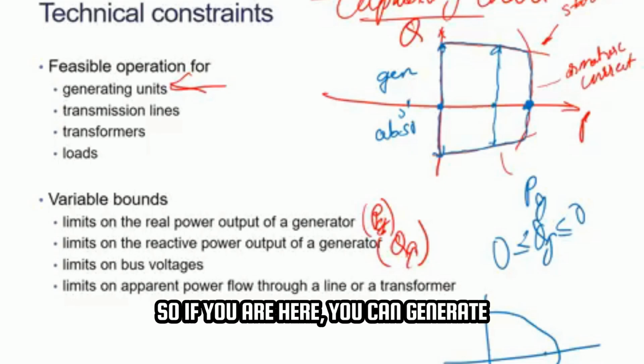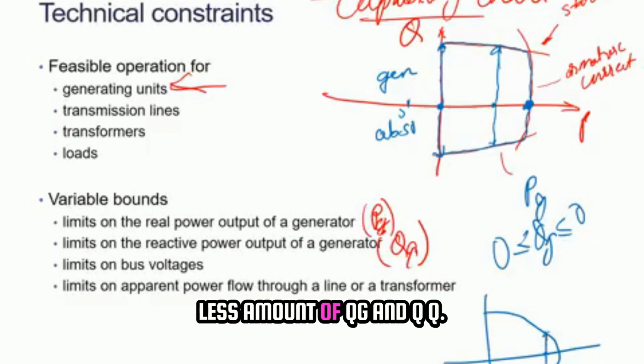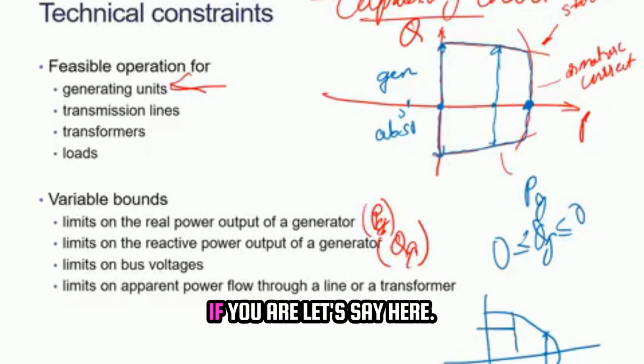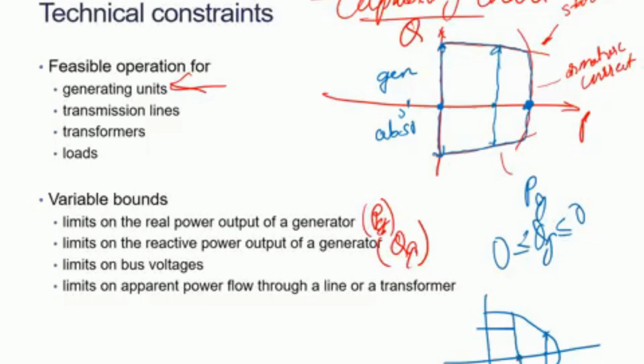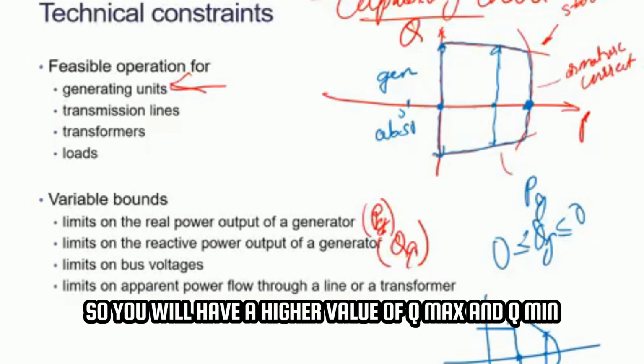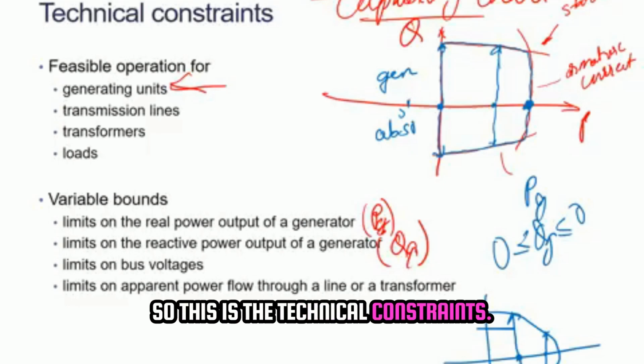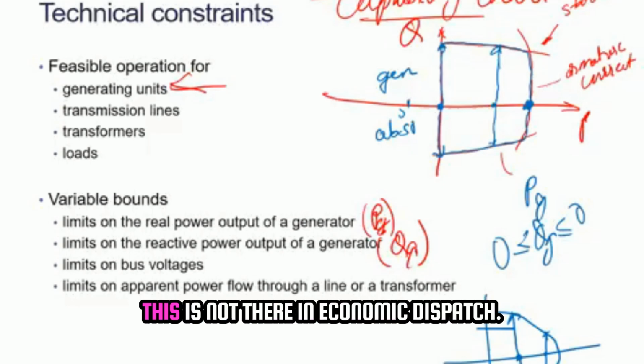If you are here, you can generate a small amount of QG, and your Q max and Q min will be small values. If you are here, you will have a higher value of Q max and Q min to generate and absorb. So these are the technical constraints, which are not there in economic dispatch.